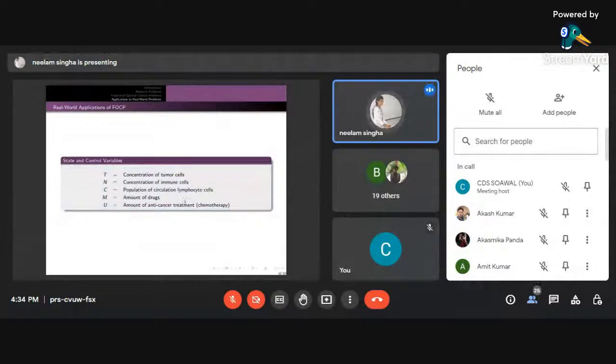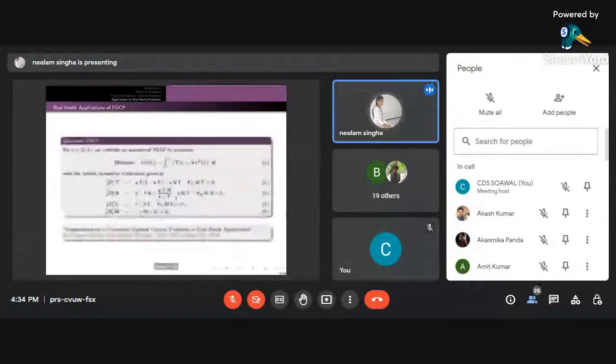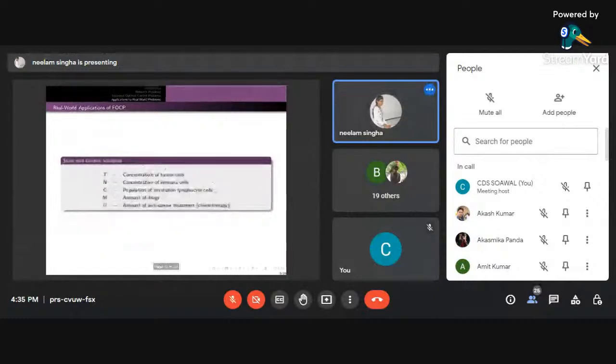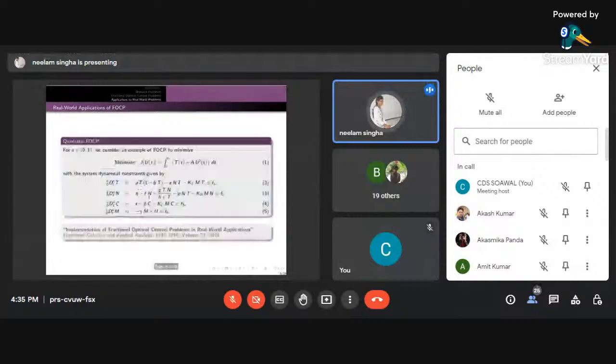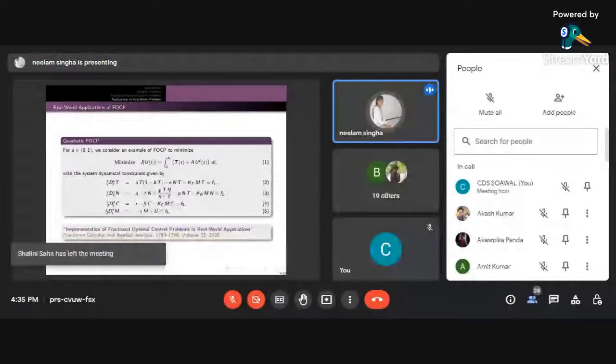So my aim is to minimize this functional while controlling this U, the amount of anti-cancer treatment given to the patient. Now this is simply a mathematical model to us. In our perspective, this is a simple problem which we can easily solve, and we have already solved many models, whether or not they relate to some real problem, with several numerical techniques.